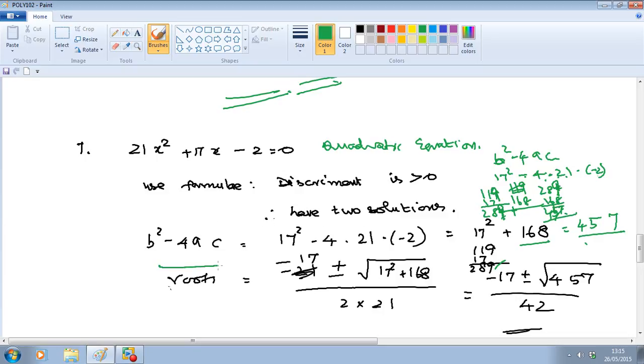Therefore, b square minus 4ac is equal to 17 square minus 4 multiplied by 21 multiplied by minus 2, which is 457.